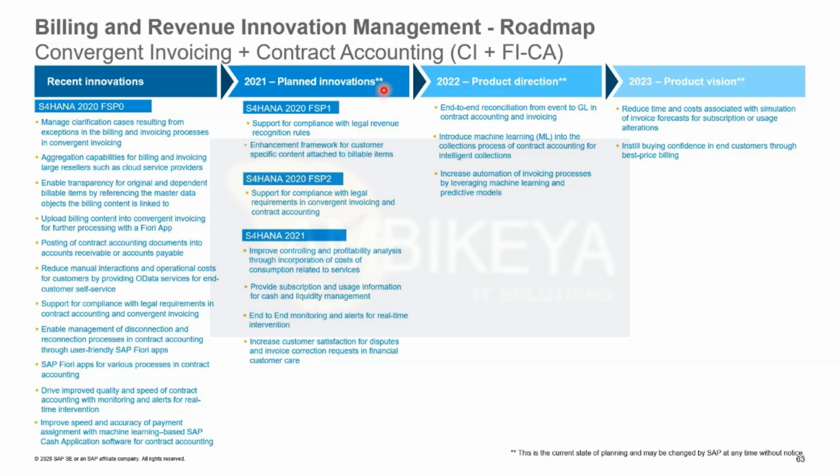We have a second topic also for the next main release in S/4HANA, which is the early information of cash and liquidity management on our subscriptions and usage. Usually when we post the invoice into FICA, cash management and liquidity forecast is updated. Now it is required to see this already with a certain confidence level when a contract, a subscription over maybe 2 years, is accepted and carries a recurring charge.